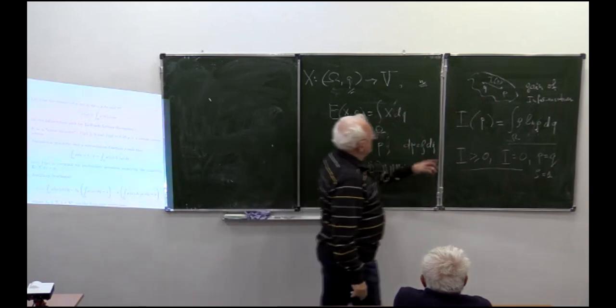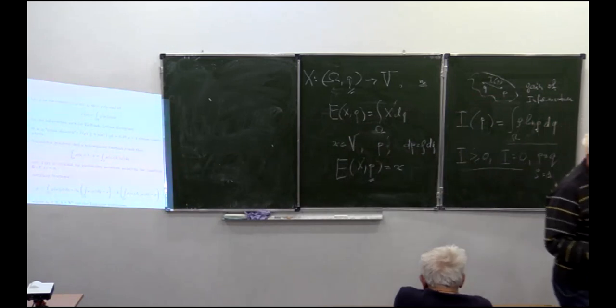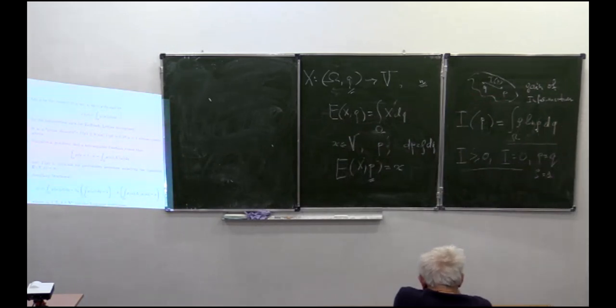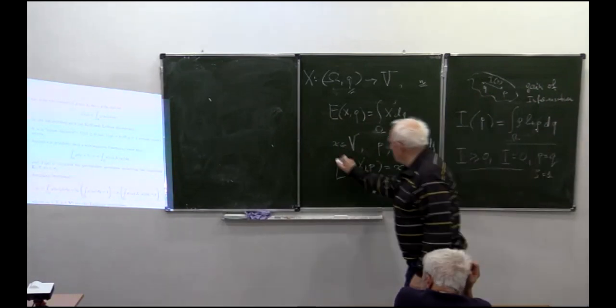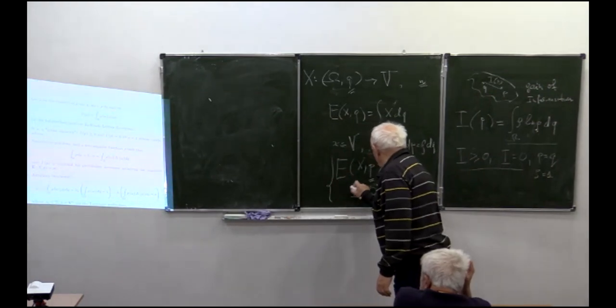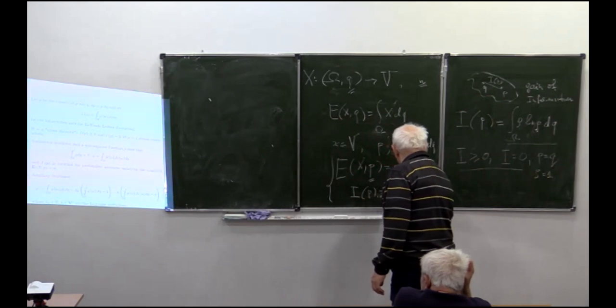So in some sense, if you pass from Q to P, you will gain some information. Okay, so I will add this condition and condition that I of P should be minimal.